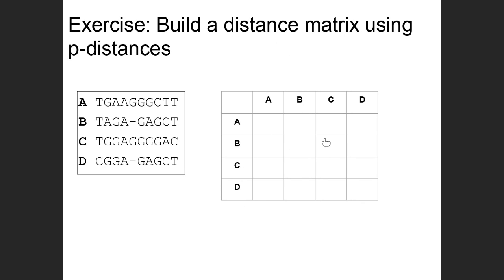Because the other half will be a mirror image. Well, not quite half, right? So there is this diagonal here, which is, how different is A from A? The answer here is 0, right? If you compare you to yourself right now in this same second, so this sequence to itself, there's no difference, so 0. So the diagonal will be zeros.